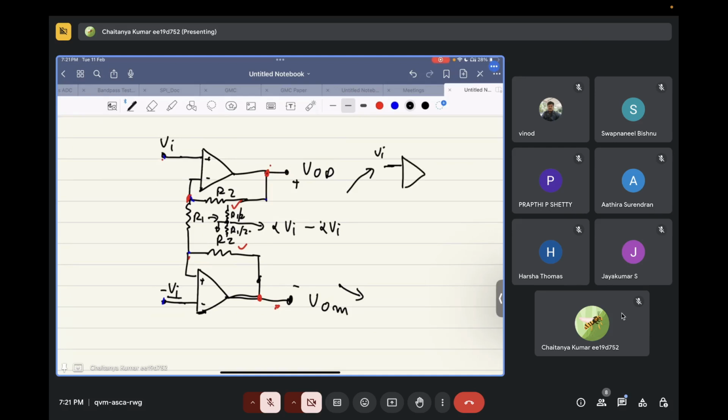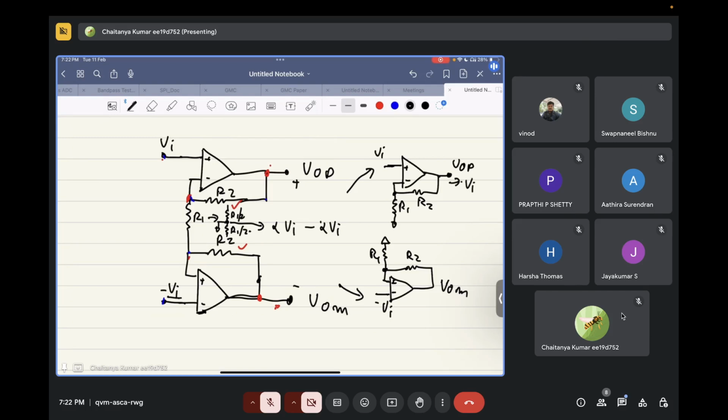Vi, R1, and this will give you VOP. Minus Vi, R1, R2, and this will give you VOM. So what is the output due to Vi?